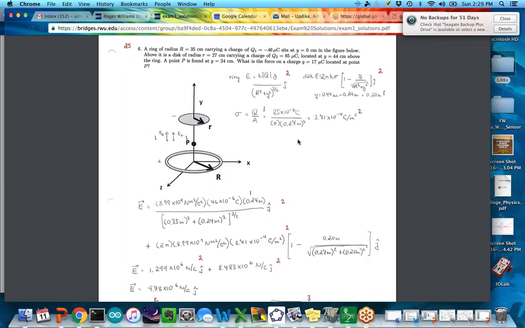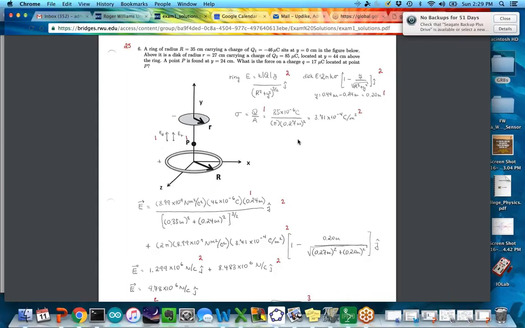Okay, so this is a ring, and the electric field due to a ring is k Q y over (R squared plus y squared) to the 3/2. And then E due to a disk is 2 pi k sigma times (1 minus y over (r squared plus y squared) to the 1/2).